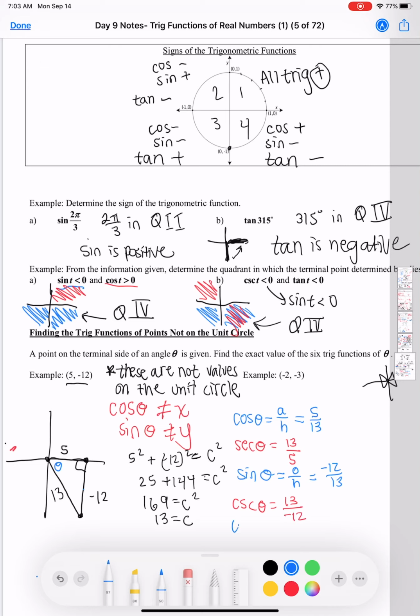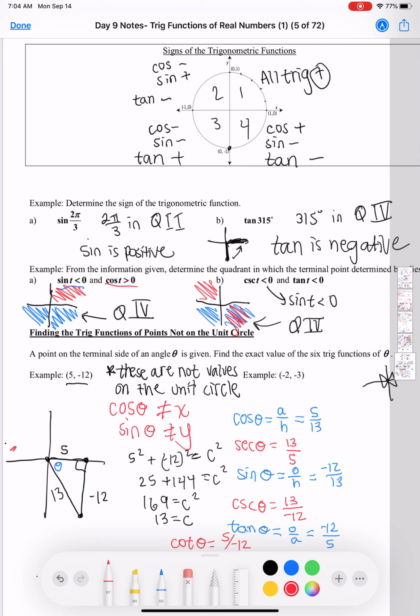Okay, and then we have tangent of the angle. That's going to be opposite over adjacent. So that is -12 over 5, which means that cotangent of the angle is going to be 5 over -12.